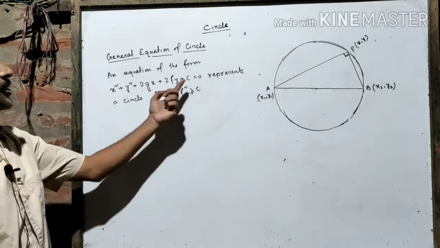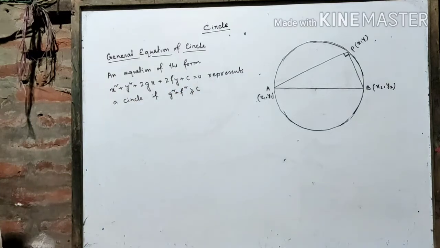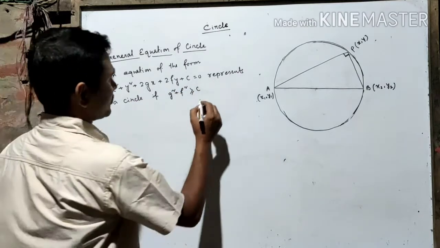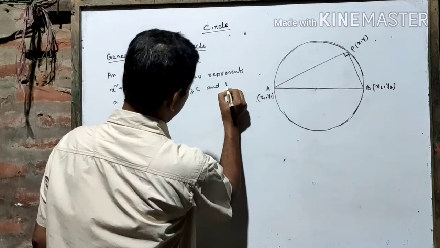So an equation of this form represents a circle, and this equation is known as the general equation of a circle.